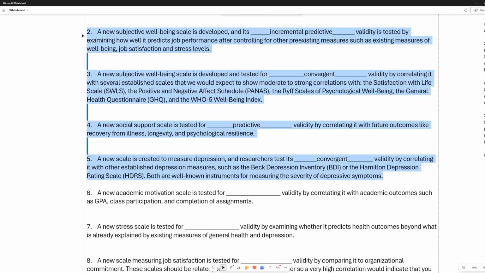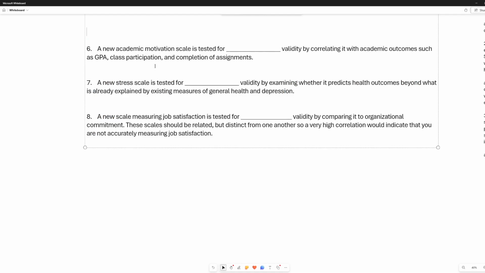So I'm going to go ahead and delete these here so that we can see the questions. A new academic motivation scale is tested for blank validity by correlating it with academic outcomes such as GPA, class participation, and completion of assignments. Now, this could certainly be predictive validity, because you could measure it at the beginning of the semester and then see, does it predict those outcomes over time.